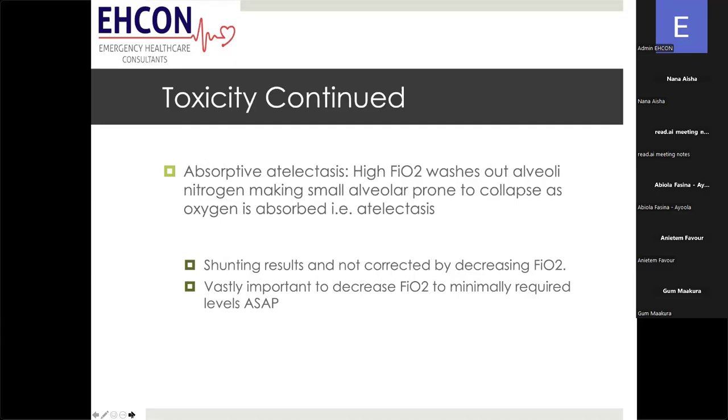The shunting that results is not corrected when you just decrease the FiO2. So it's not a rapid turn on and turn off. By the time you're sustaining this damage, just decreasing the oxygen doesn't fix the problem. So it's really important that from the beginning, you decrease the FiO2 if you don't need it to be so high, and you decrease the duration of oxygen therapy that you're giving if that is possible.